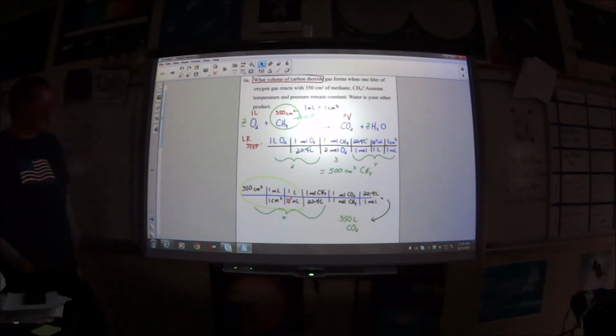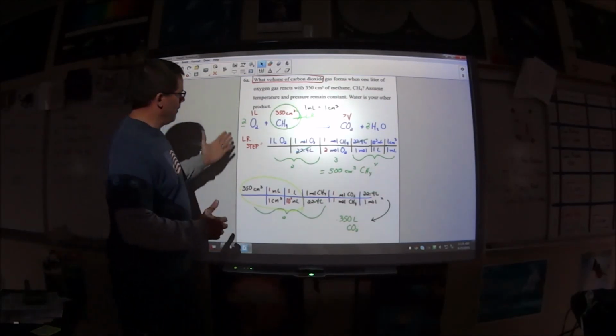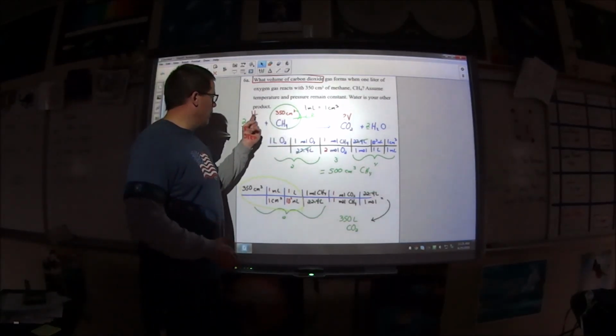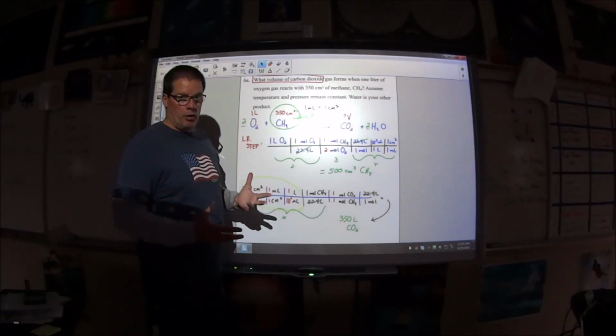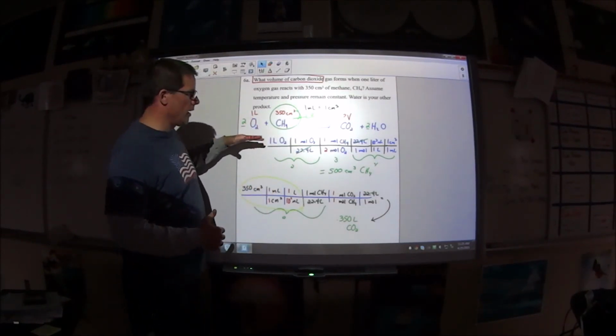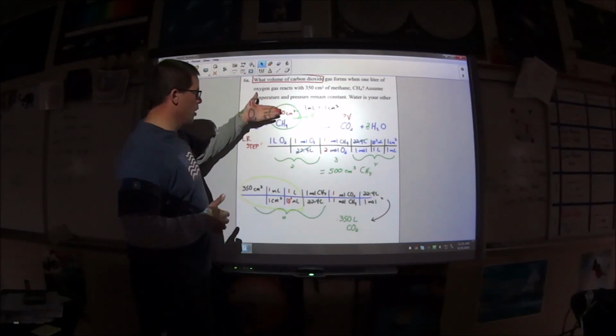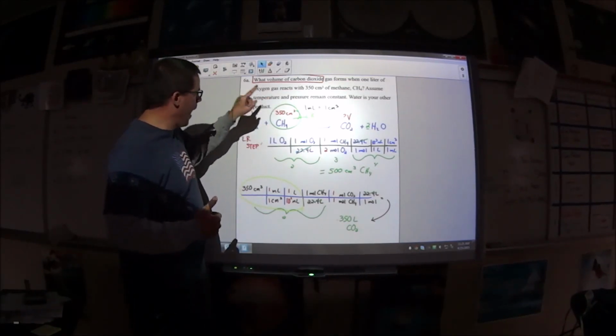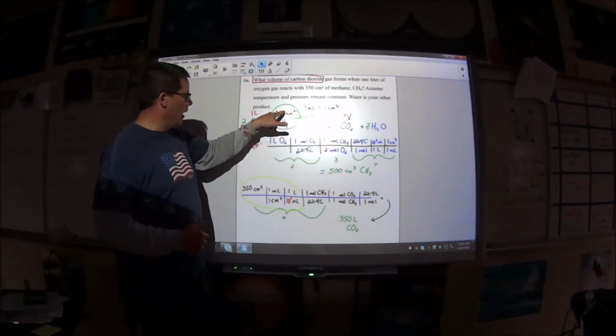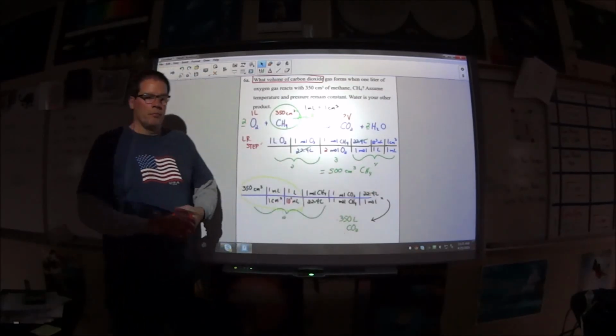So again, be sure that if you have amounts for each reactant, you must do a limiting reactant step to find out which one of these is going to be totally consumed first. And then once you know who your limiting reactant is, take that amount, not this amount, take that amount and answer the question.